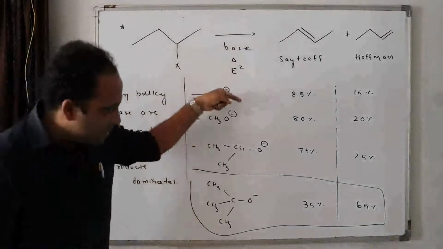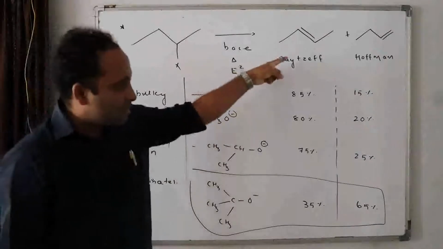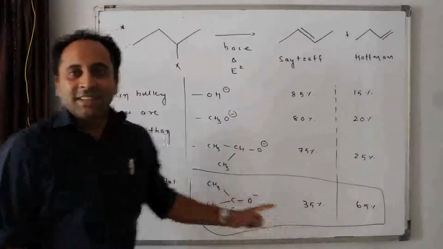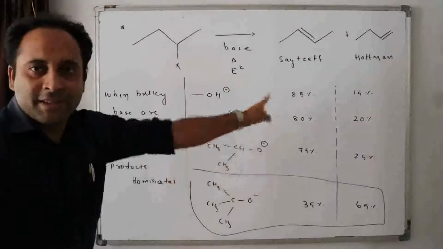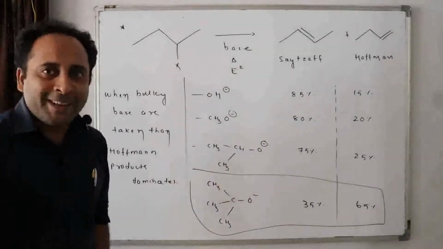See, when the base is becoming bulky, this Zaitsev's percentage is decreasing. This is just an experimental analysis. These values may not be experimentally perfect. Just an analysis. Okay? Got it?